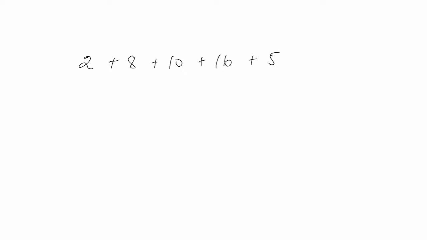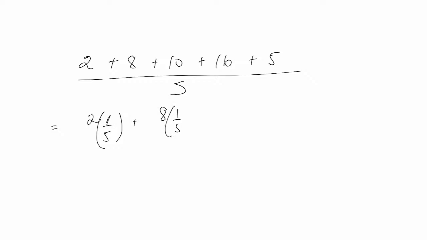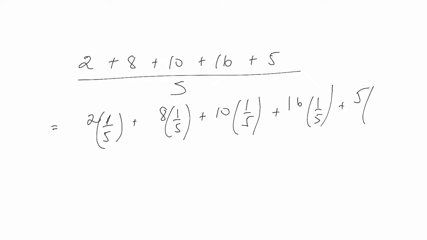Those are the values, right? And I divide by 5. But couldn't I have also done it the longer way? That's why we don't do it this way. But I could have done that, right?